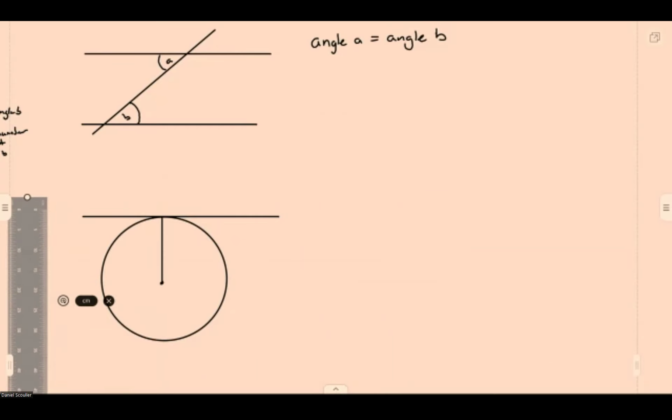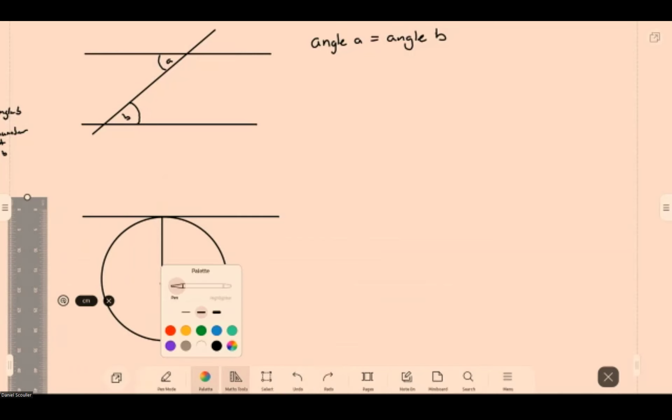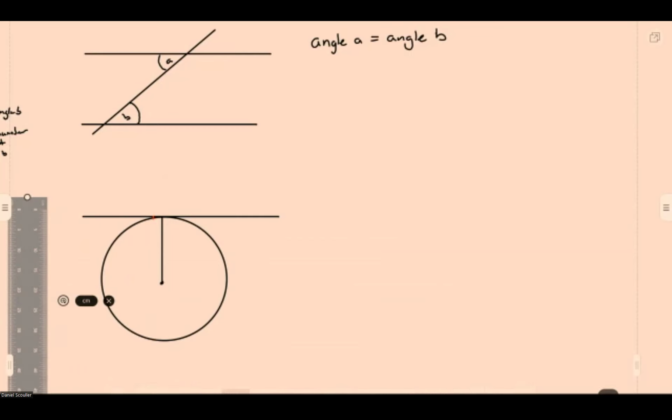Now what that does, if I've got a radius coming from the centre and it meets the same point at which a tangent is going through, it's going to create 90-degree angles either side. Okay, so that wee square I'm drawing on just means 90 degrees. Okay, now that's an important one as well.